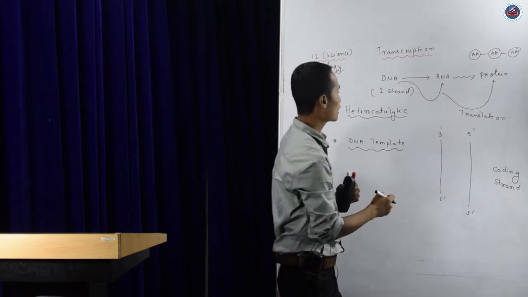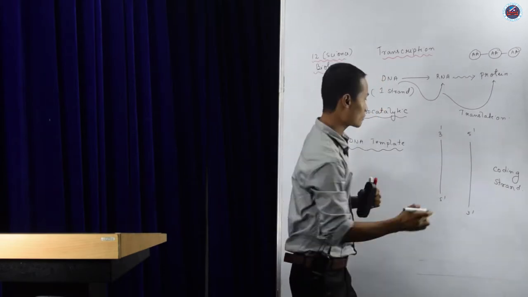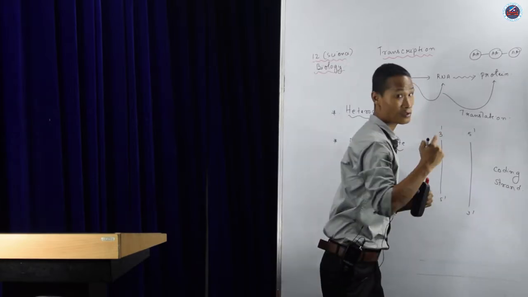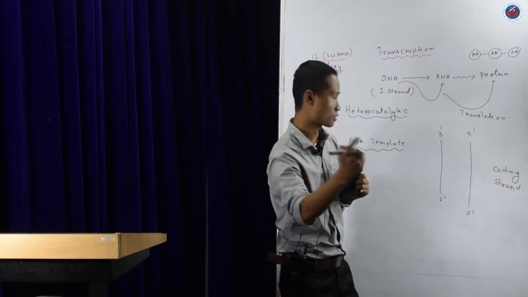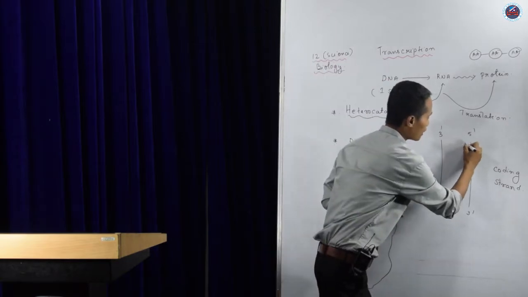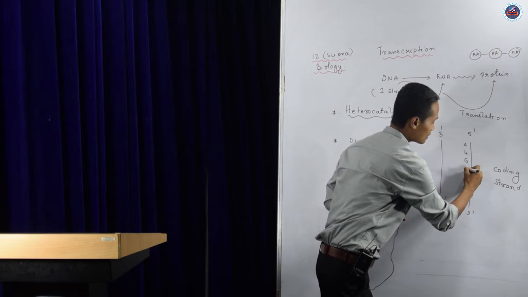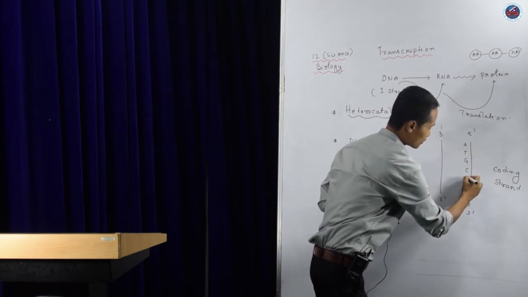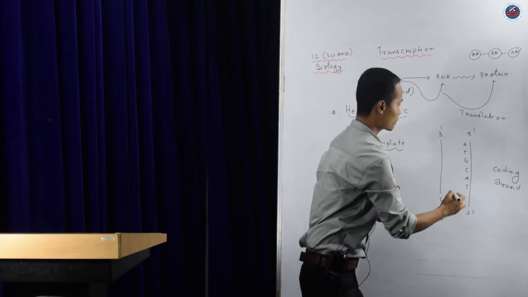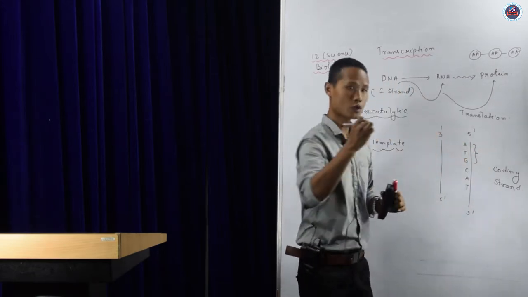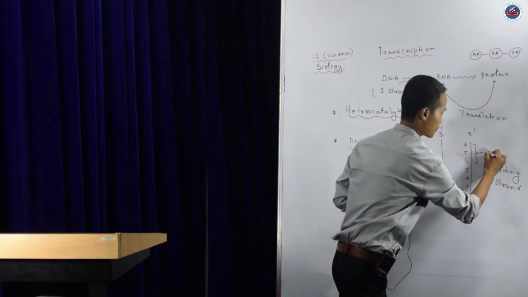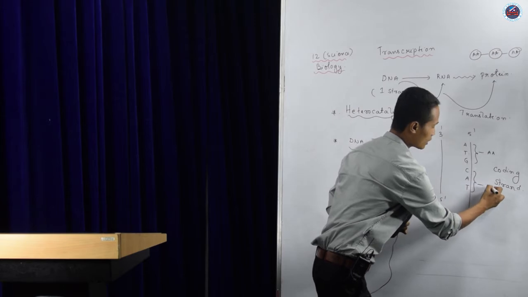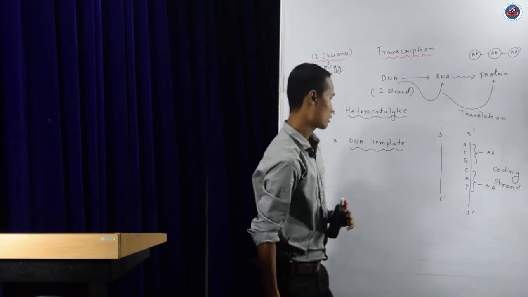There is a code called the genetic code, and usually that is of 3 bases, a codon. Three nitrogenous bases will give one code. For example, we have A, T, G, C and A, T. So these 3 nitrogenous bases will code for one amino acid, and these 3 nitrogenous bases will code for another amino acid.